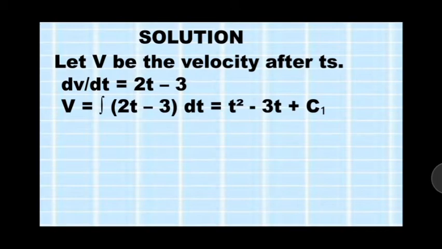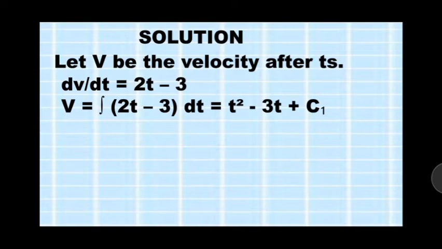Now, if I integrate that dv/dt, it's going to give me v. v will be the integral of 2t minus 3 dt. If I integrate 2t, remember, if I add 1 to that power of 1 on the t, I will have 2t squared over 2.